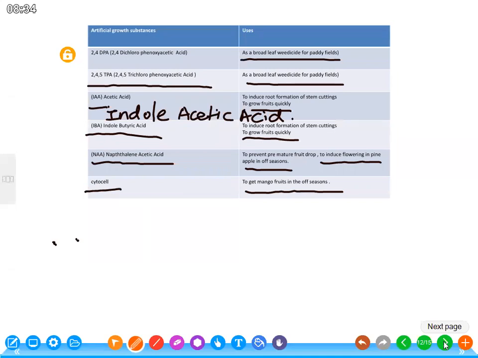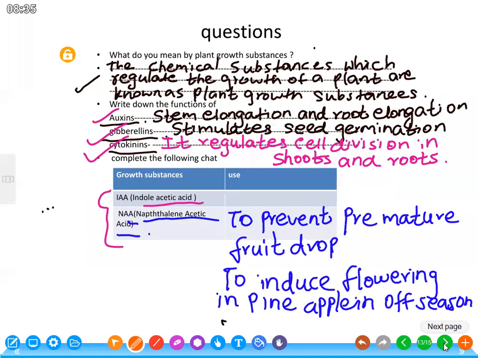So you go through these and memorize the uses of artificial growth substances. Normally, these growth substances are also used for agricultural purposes and horticulture. Then, I think all should write the answers for these questions and correct them.